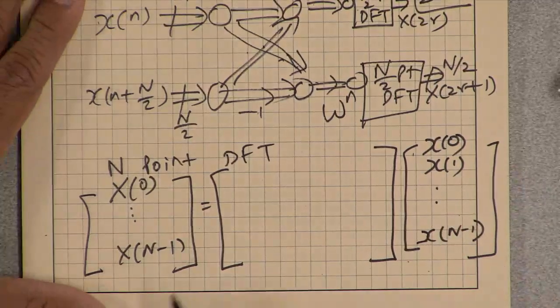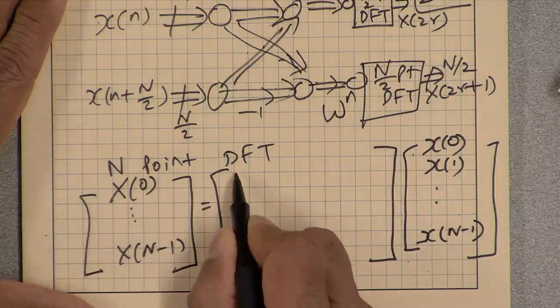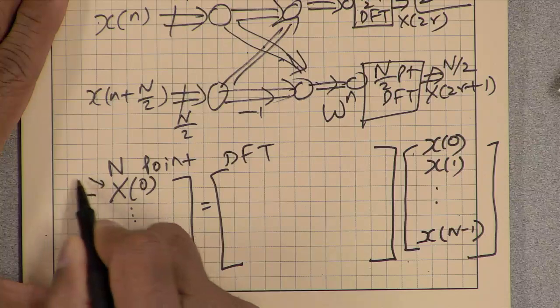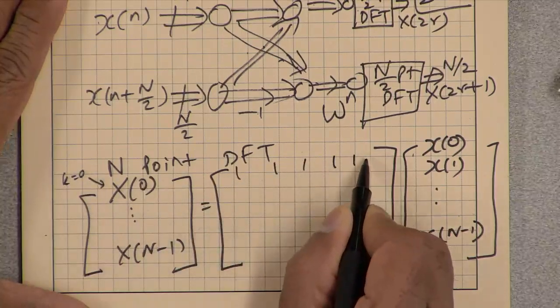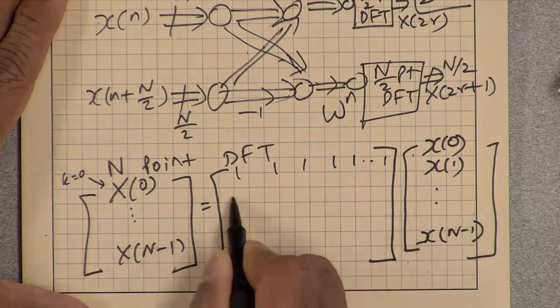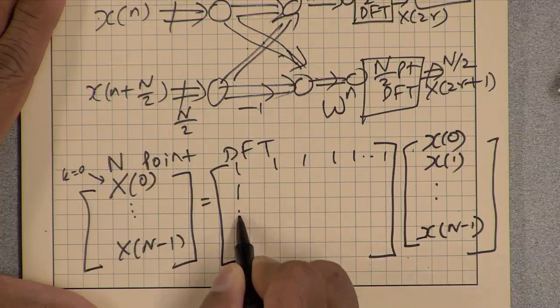Okay, so if you think about k equal to 0, this line k equal to 0, these all will be 1. And as I explained, this line n is equal to 0, so these will be all 1.